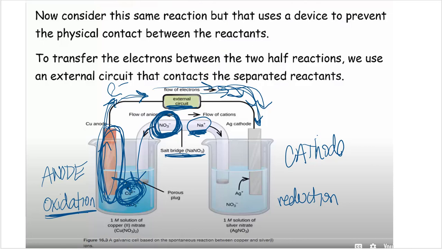But in terms of the chemistry, the solid silver is actually having more mass added to it as time goes by, because the aqueous ions of silver are plating onto that silver electrode. So the left side, this copper is actually losing mass, and my right side, my cathode, is gaining mass over time.